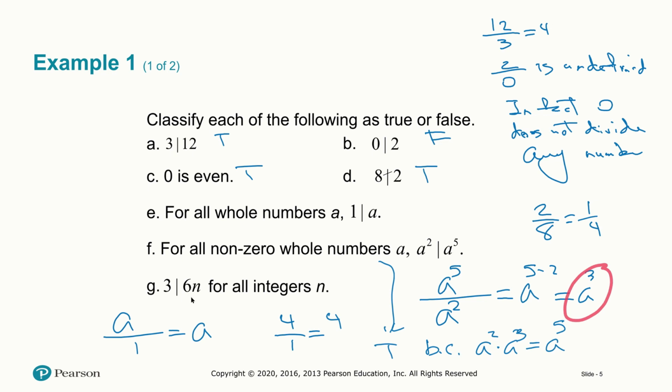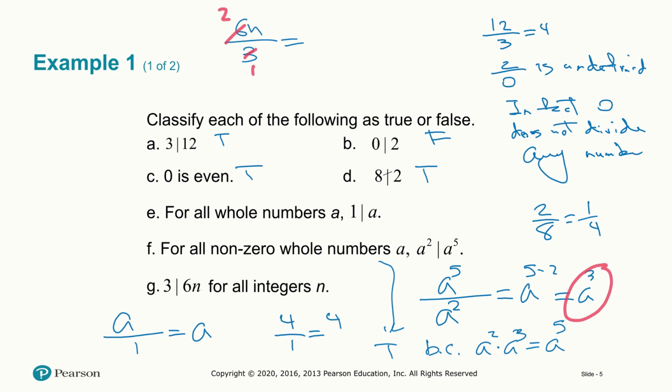All right. So how about 3 divides 6n? Well, let's look at it, right? It's very simple. Don't make a mystery out of it. Just write it down. Let's see what happens when we divide 6n by 3. Now we notice that here 6 and 3 cross out and leave us a 2 on the top and just a 1 on the bottom.